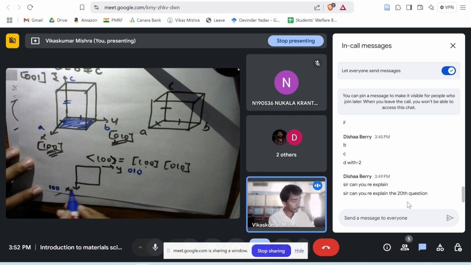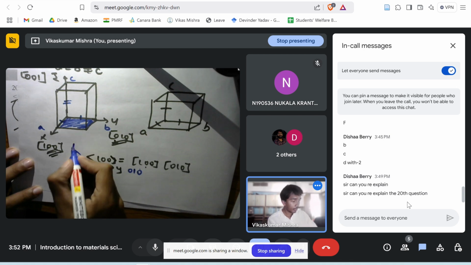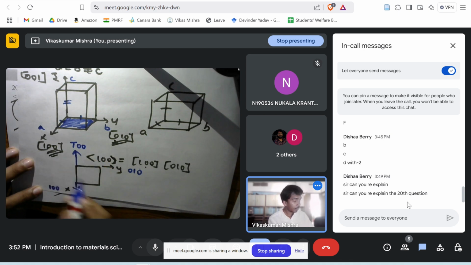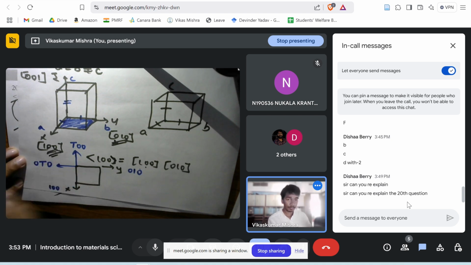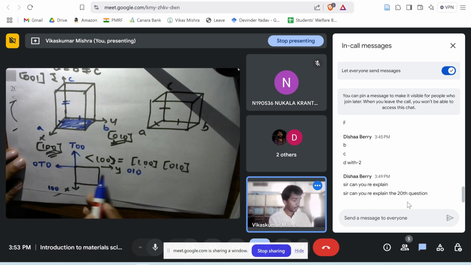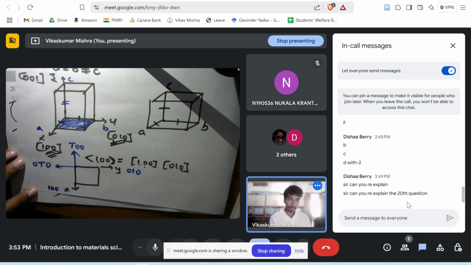So what about this direction, the opposite to this x-axis? It will be 1 bar 00. What about this direction? It will be 01 bar 0, opposite to the y. So we can say they are also equivalent with each other, right?